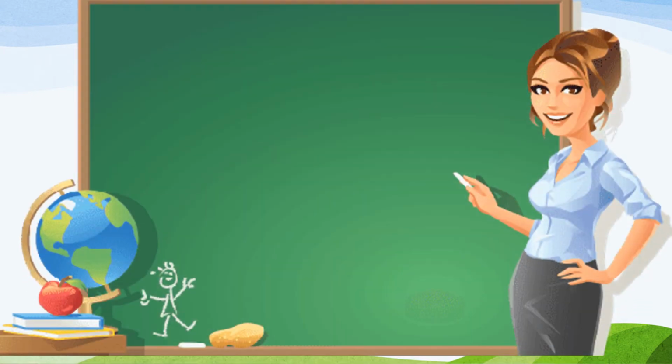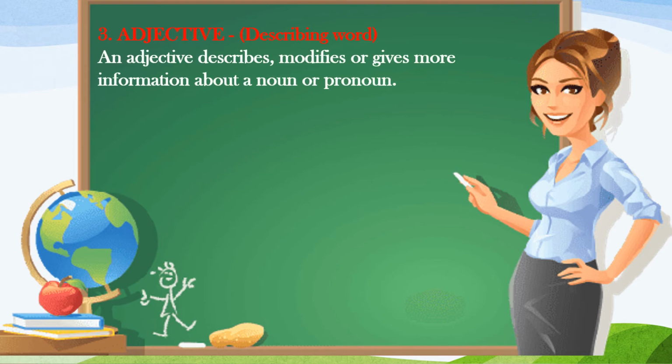Let's now come to the third part of speech, which is adjective or the describing word. An adjective describes, modifies, or gives more information about either a noun or a pronoun. We have some examples: big, happy, green, young, fun, crazy.